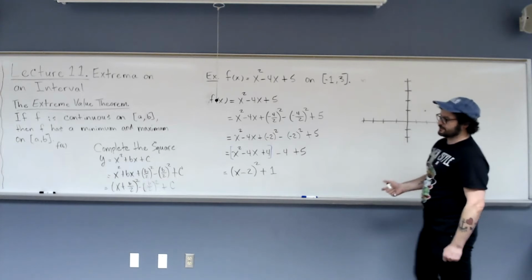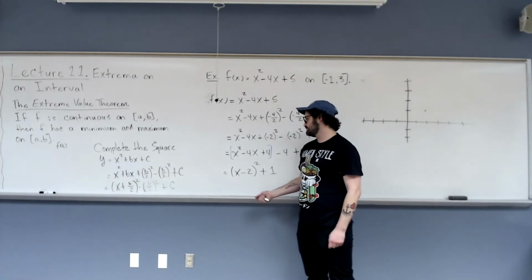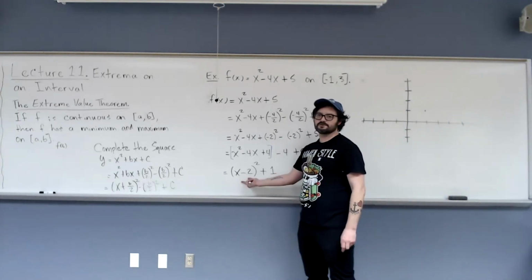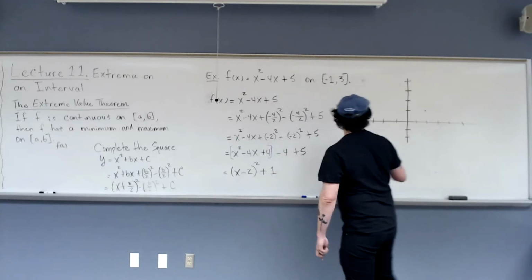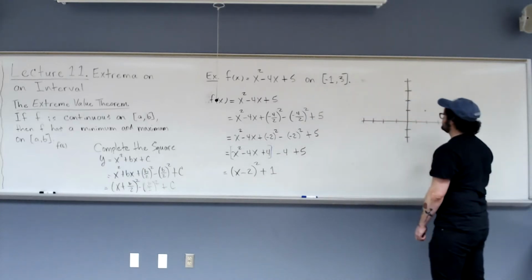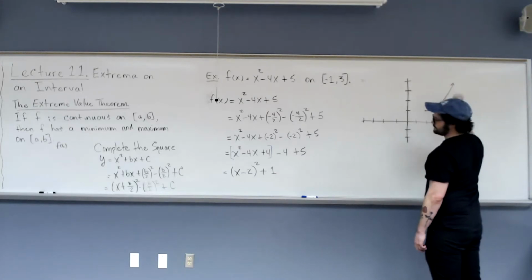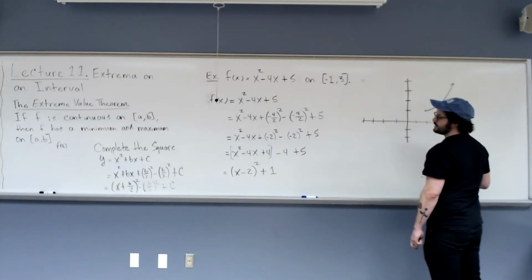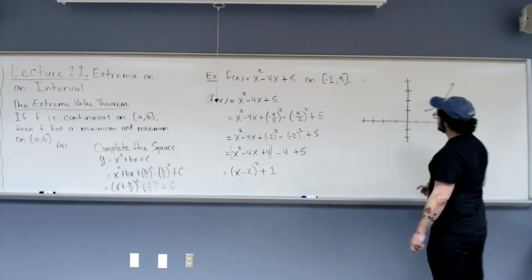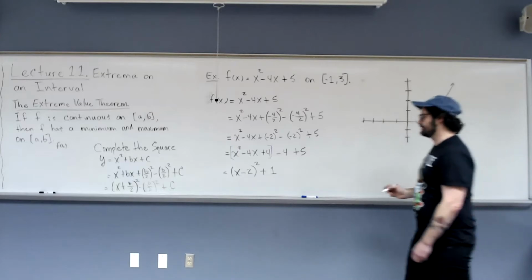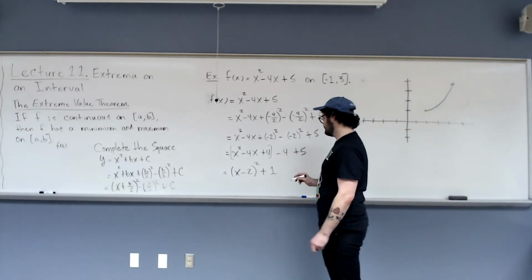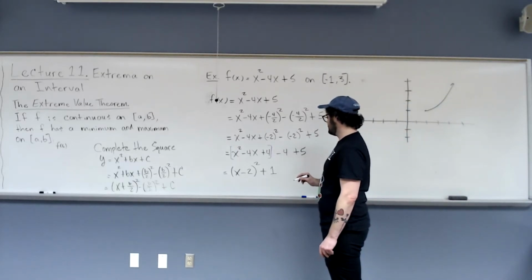The vertex occurs when this is equal to 0, right? x equals 2. And then it looks something like this. And then on the other side, so where is the y-intercept? Did I do this correctly?